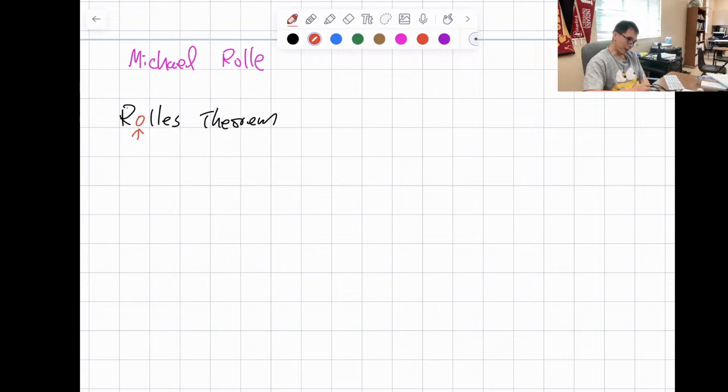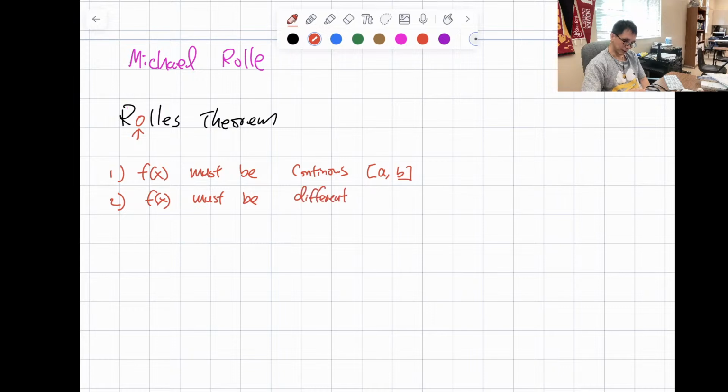So the first condition says f of x must be continuous on the closed interval [a, b]. Second, f of x must be differentiable on the open interval (a, b).